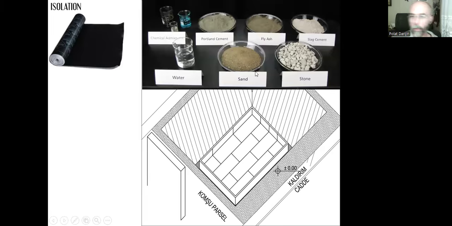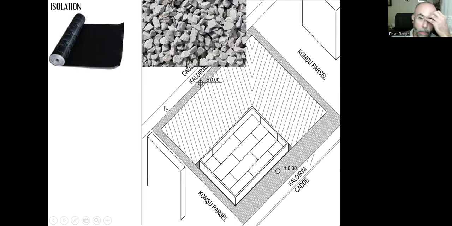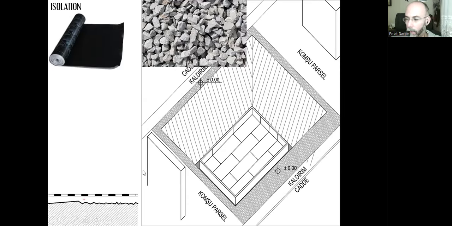But as you know, concrete has aggregates, coarse aggregates, fine aggregates, and because of the gravel, the coarse aggregates, there can be sharp corners on the surface of the concrete. And if we place these thin membranes over these sharp corners, they will be penetrated. So this is something that we need to avoid.